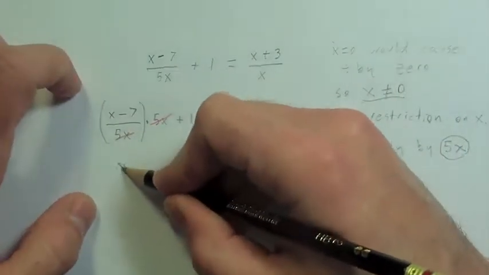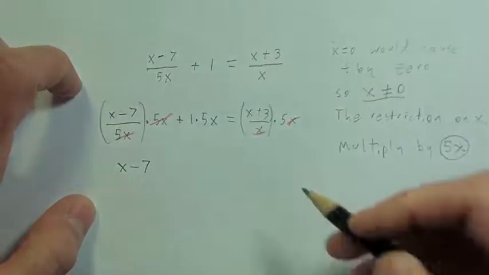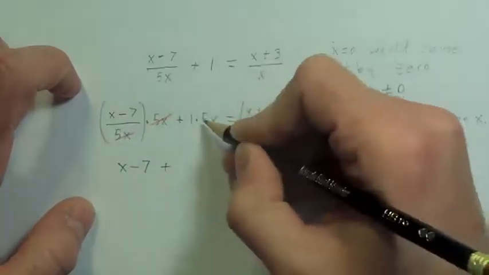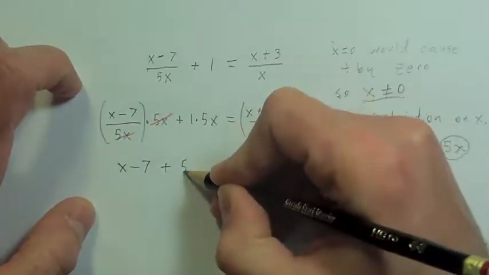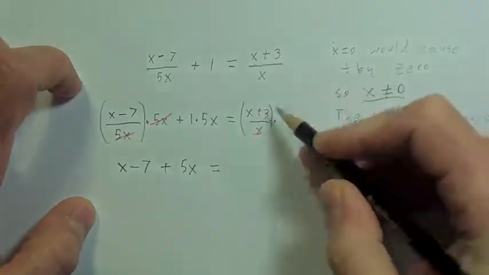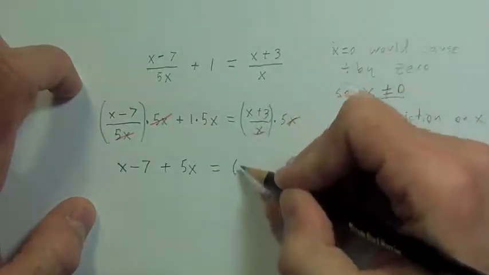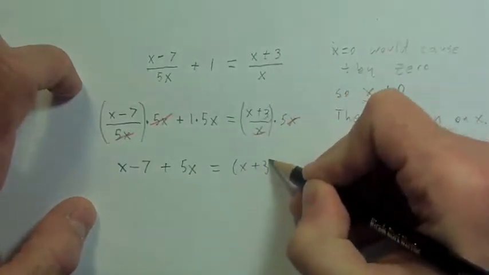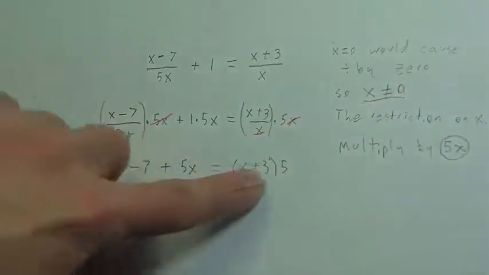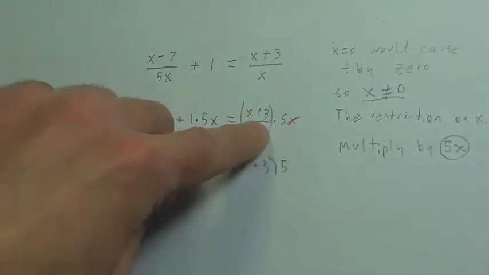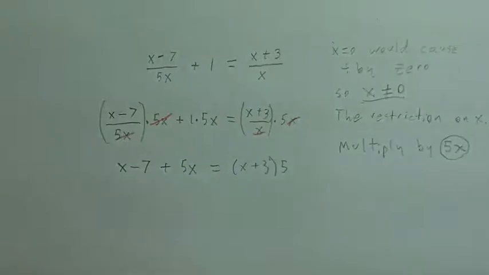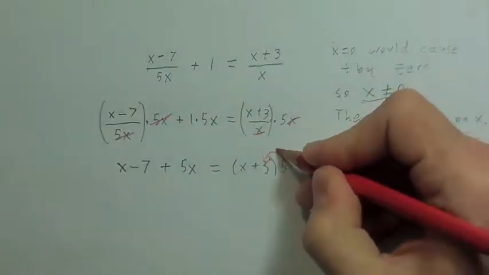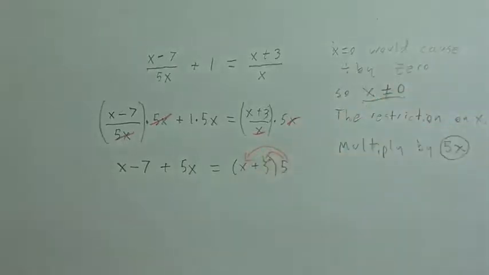just end up with x minus 7. Then here the 1 times 5x will just be 5x. But then here, we're left with an x plus 3, and that whole thing times 5. Right, we have to distribute that 5 across that. It's not just multiplying by the 3. That 5 distributes. Okay?